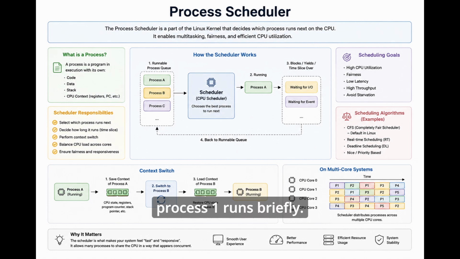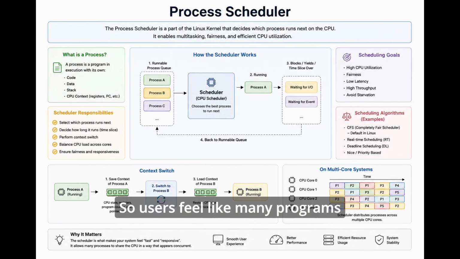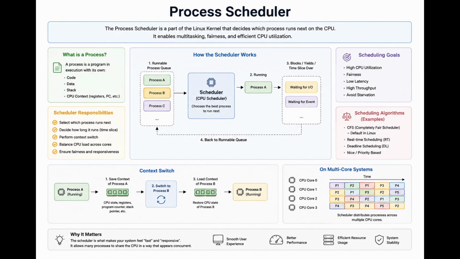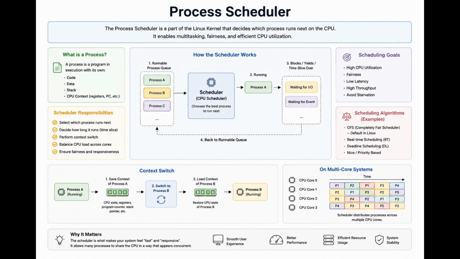For example, process 1 runs briefly, then process 2, then process 3, then back to process 1. This happens extremely quickly, so users feel like many programs are running at the same time. The scheduler is critical for responsiveness, performance, fairness, server workloads, multitasking. Without scheduling, modern operating systems would not function properly.